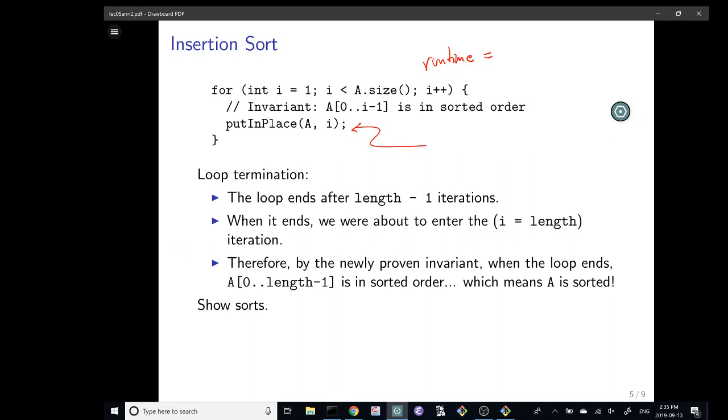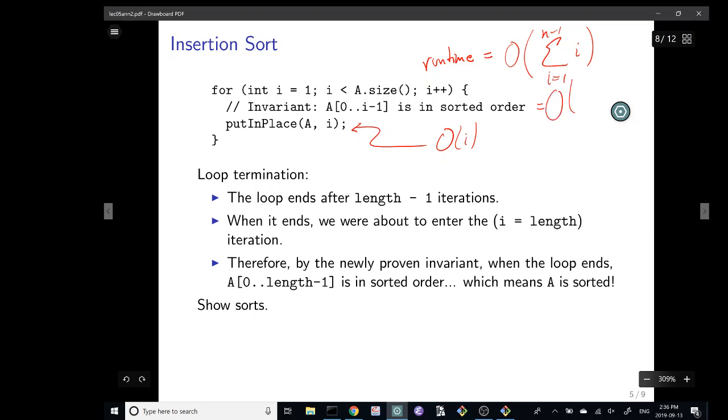Just does one comparison and it's done. So that's why I wanted it sensitive to I. It's because I can now write in here that this running time of put in place is big O of I. And if I can do that, then I basically get something where the runtime is big O of the sum from the values of I that I look at, which is 1 to n minus 1, of I. And we know what that summation is because we've all done the homework, because it's already almost due.